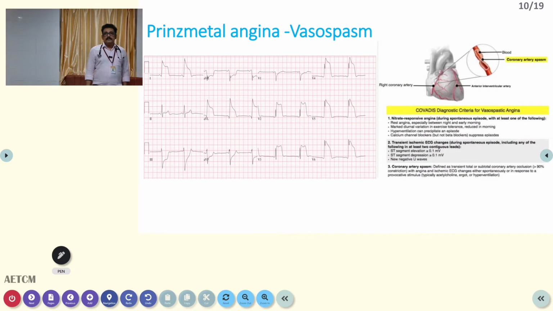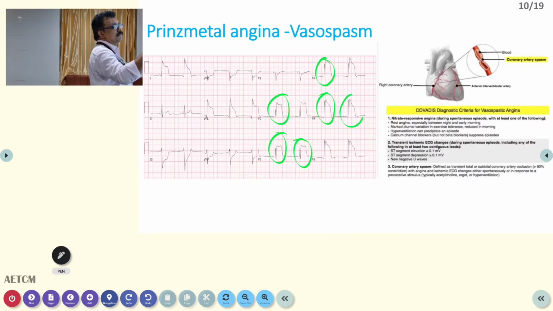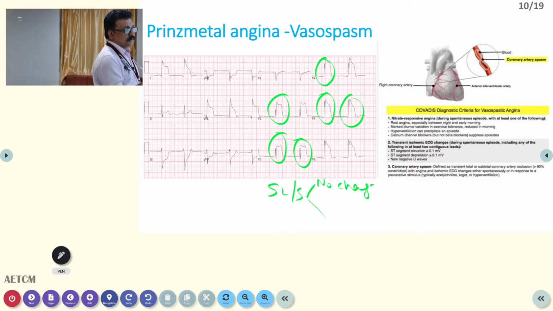Now, Prinzmetal angina, I have already told you, when there is chest pain, the patient can have ST elevation. You may falsely diagnose it as acute myocardial infarction. So, when you give sublingual sorbitrate, in myocardial infarction the pain will not be relieved and the ECG changes will not be relieved. If there is no change, then it is MI.